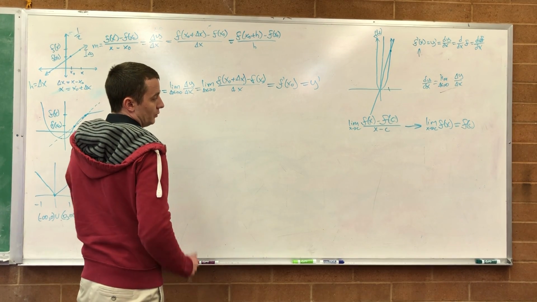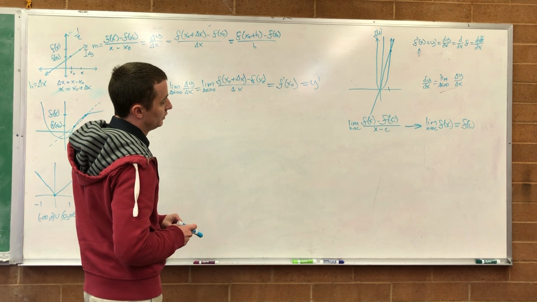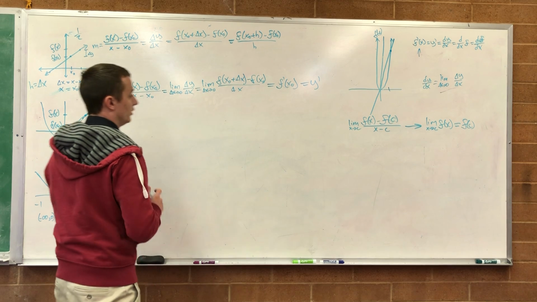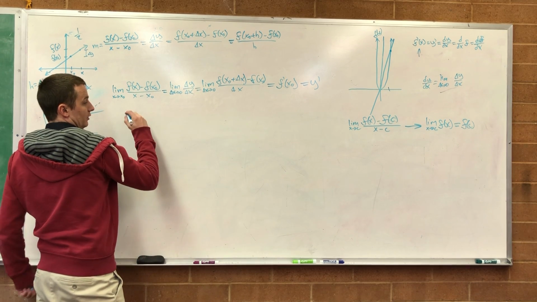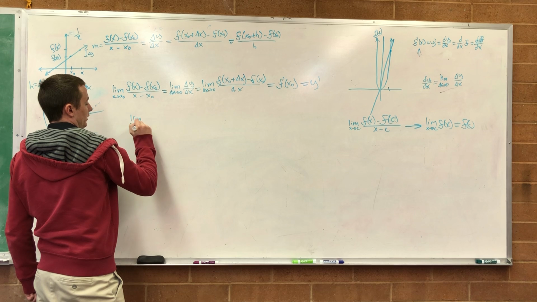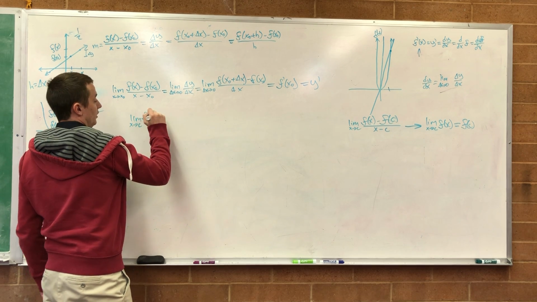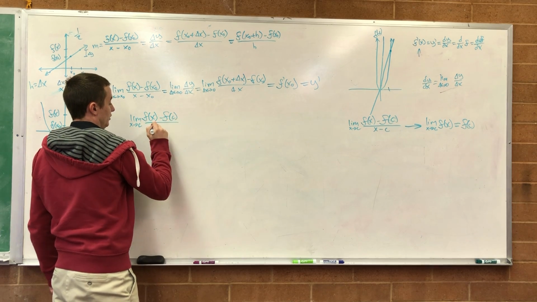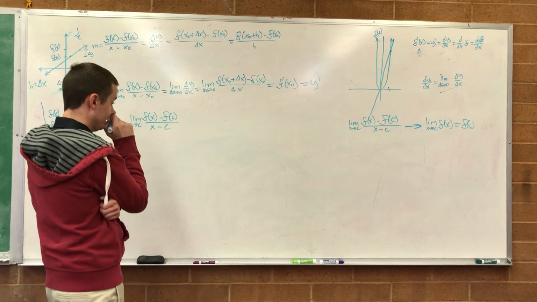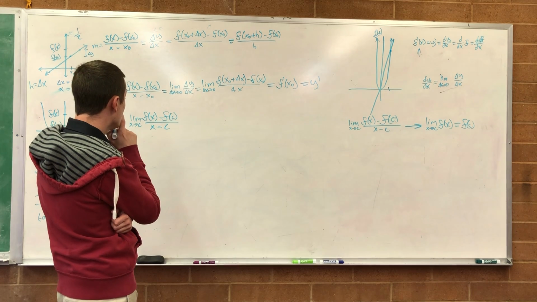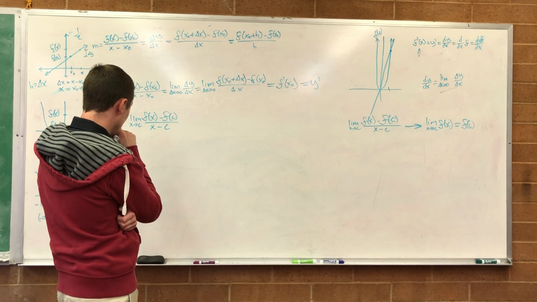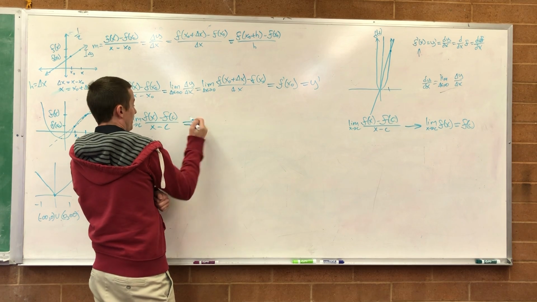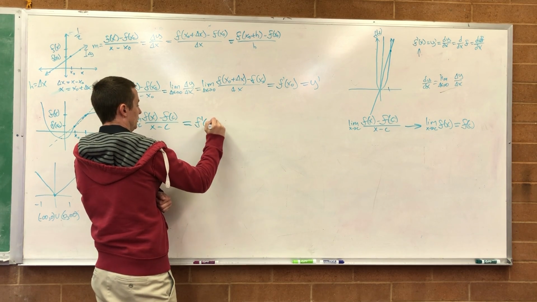So let's think what we can do. I know that the limit as x approaches c of f of x minus f of c over x minus c exists. So I know that that's equal to something. We'll just call it f prime of c, because that's what it is.